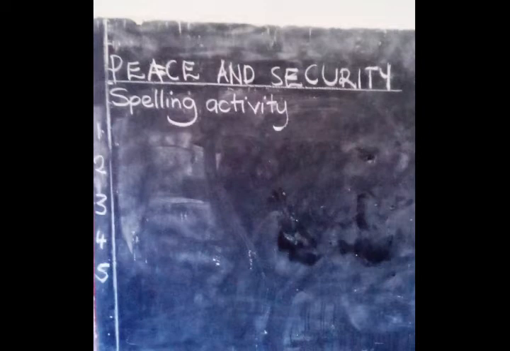Now, let's first take our spelling activity under peace and security. Get your pen and book ready. Hope you're ready. Yes, the first word is peace. Write the word peace. Number 2, write security.